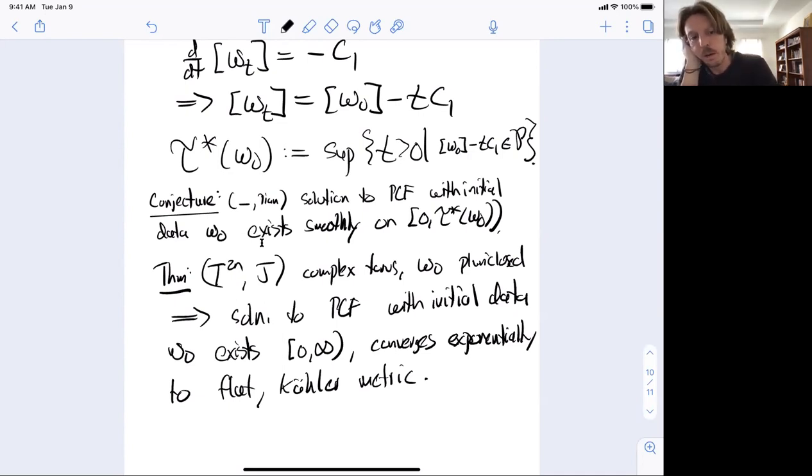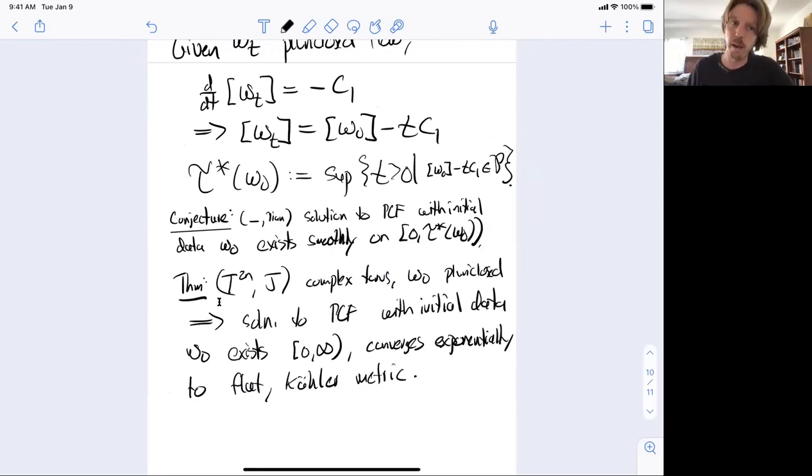So I hope to eventually get to this and prove this theorem. And I think this theorem is sort of why one should believe the conjecture. I mean, for regular, non-Kähler Ricci flow, you can do these neck pinch singularities on any manifold, any topology.